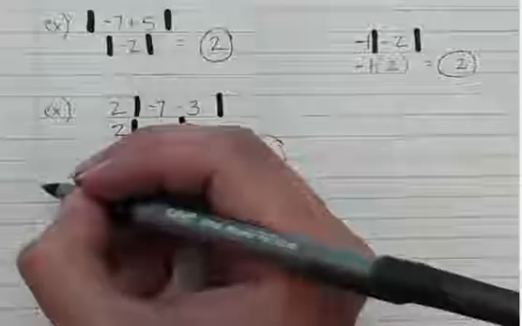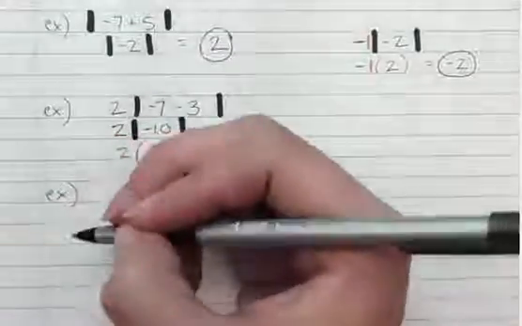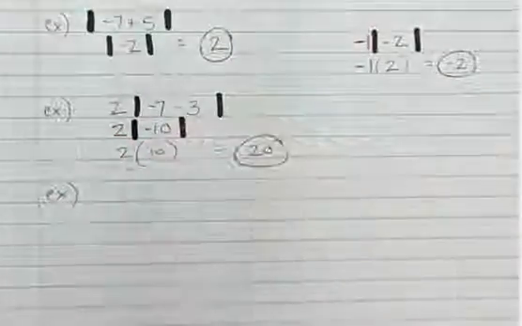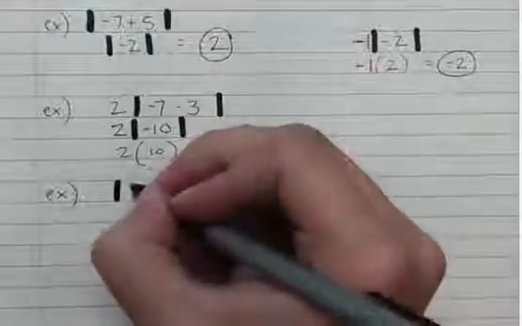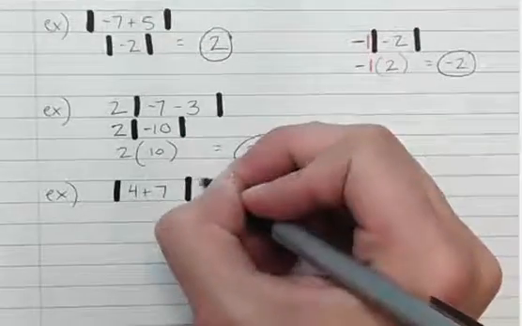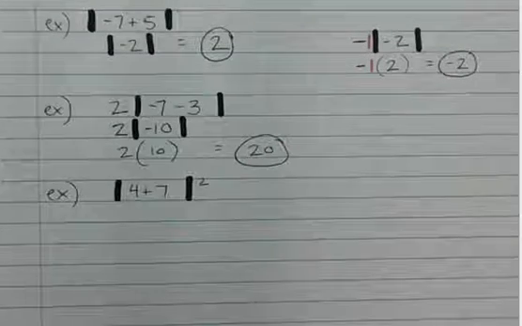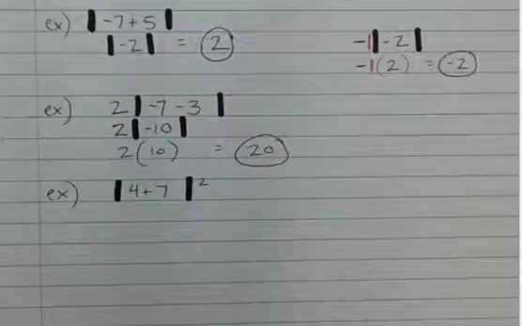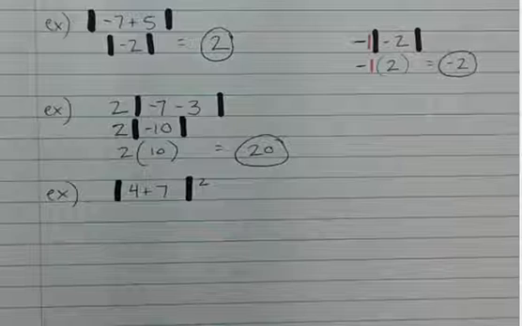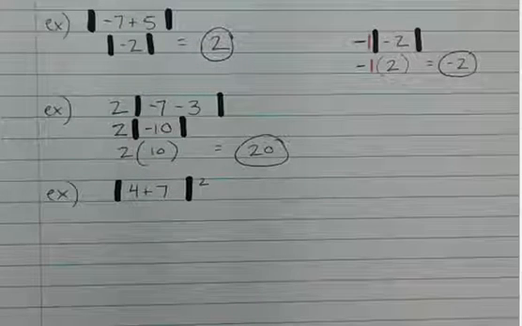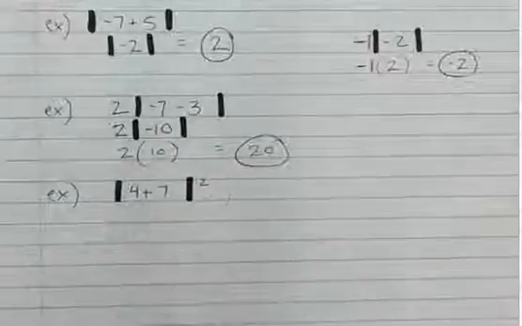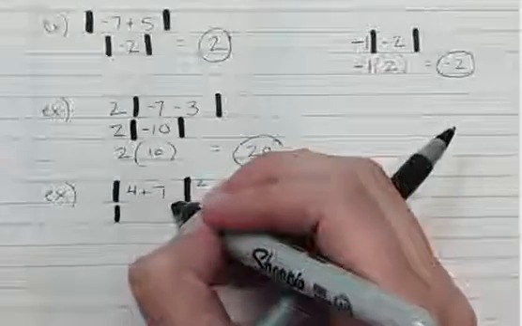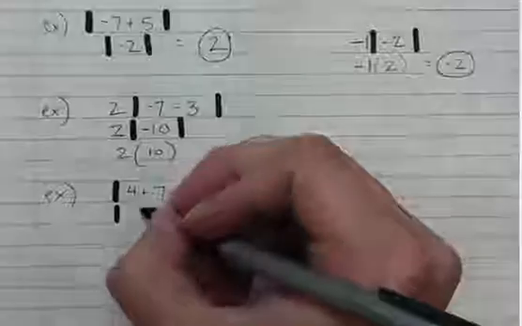Okay, last example. Let's take the absolute value of 4 plus 7, and it's going to be squared on the outside of the absolute value. I'm going to simplify what's inside of the bars. So 4 plus 7 is 11.